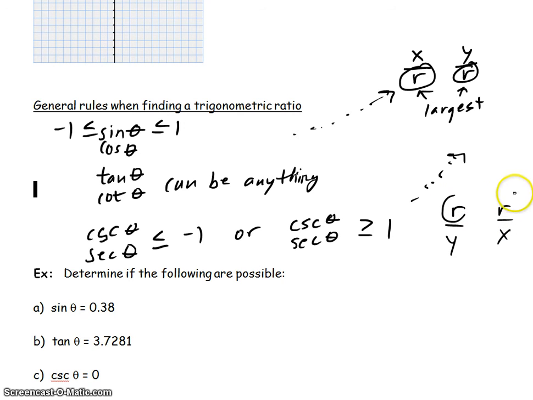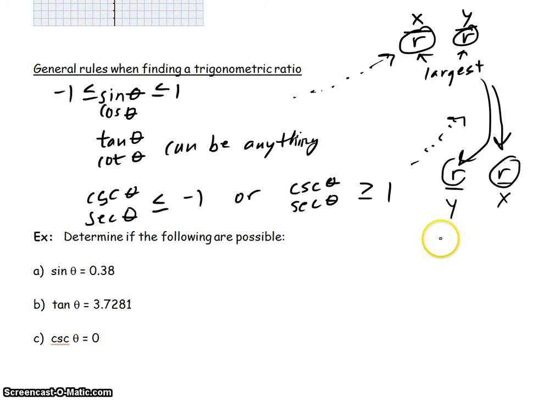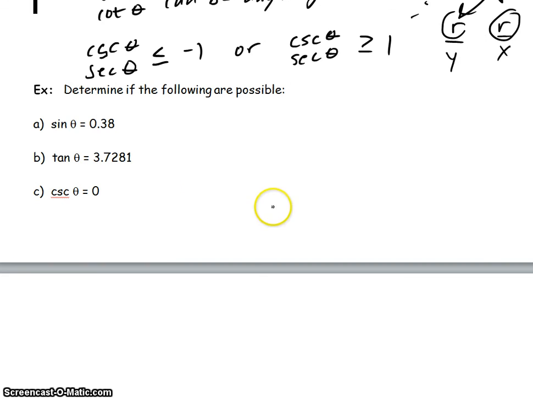Again, these are the largest, so we have to compare them as if they are the largest two things. So when we compare these, the smallest that it could be is 1 or -1. It's always going to be bigger, more extreme than those two numbers. So when you look at these, are these things possible? This one here is, this one here is, this one here is not.